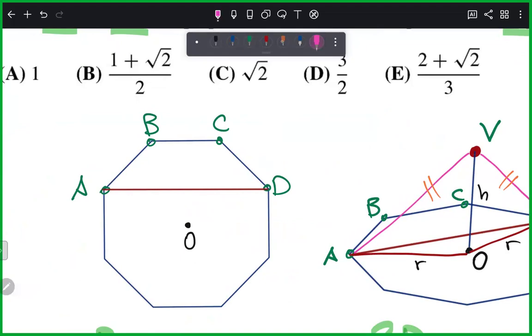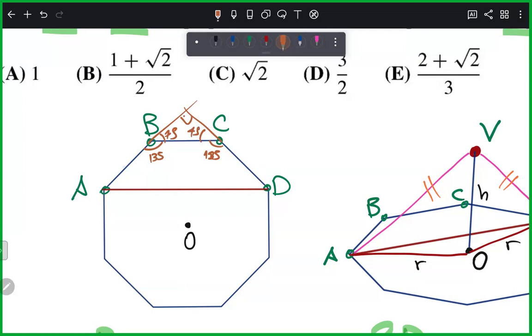It's really easy to check that each inner angle is 135 degrees in a regular octagon. And then you can just extend everything. This makes a 90-degree angle, and these are 45 degrees, 45 degrees.